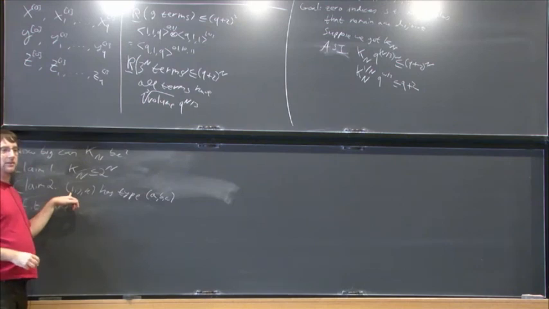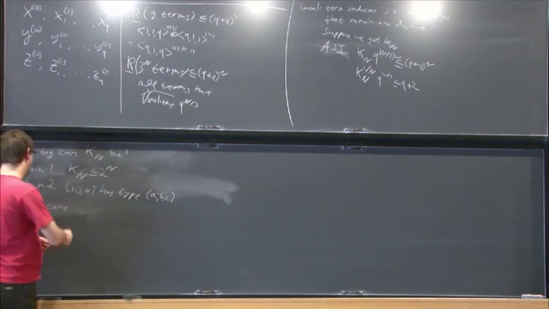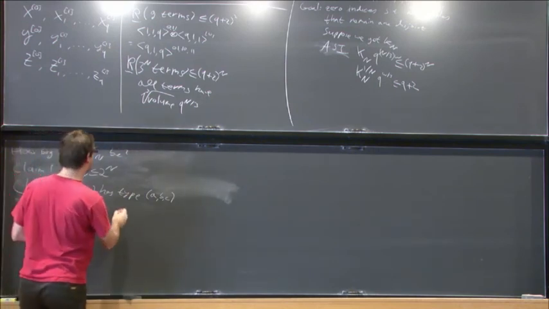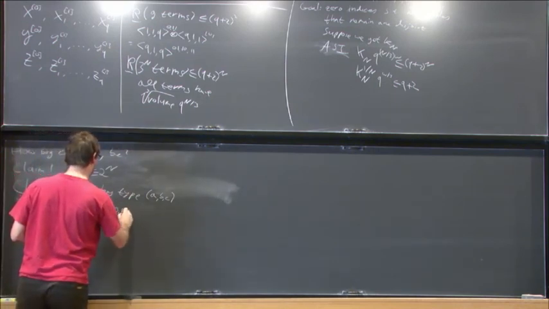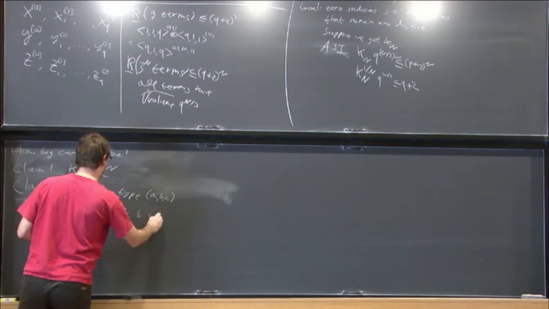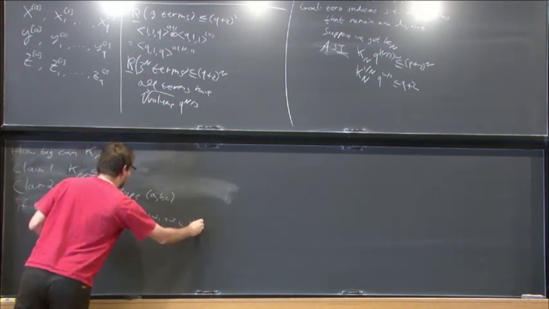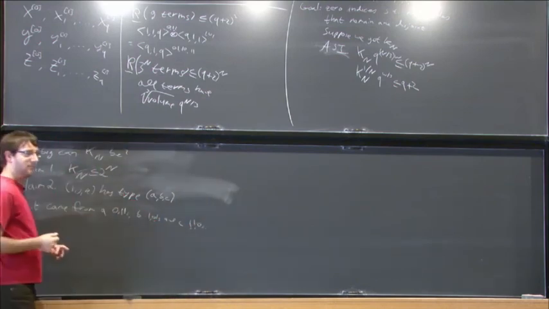Yeah, i is a binary string of length n. Exactly.